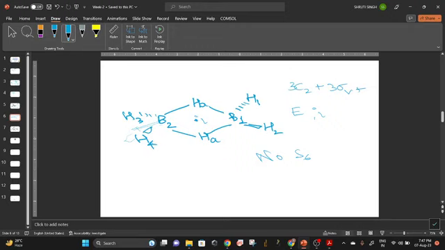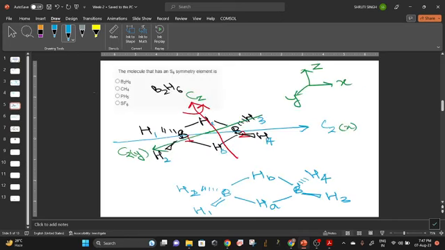Ma'am, what is the point group in this B2H6? That you should tell me. D2h. Because we have a molecule, which one is the principal axis? C2 passing through the two boron atoms, because of the maximum number of atoms.